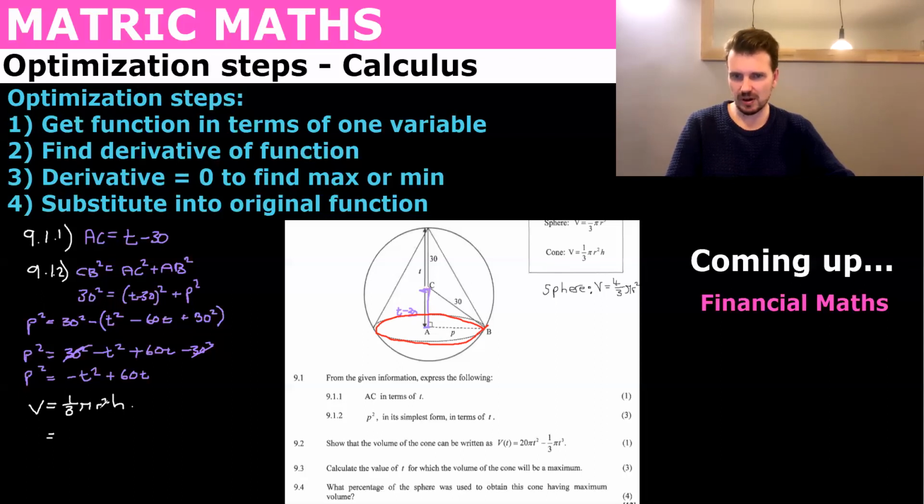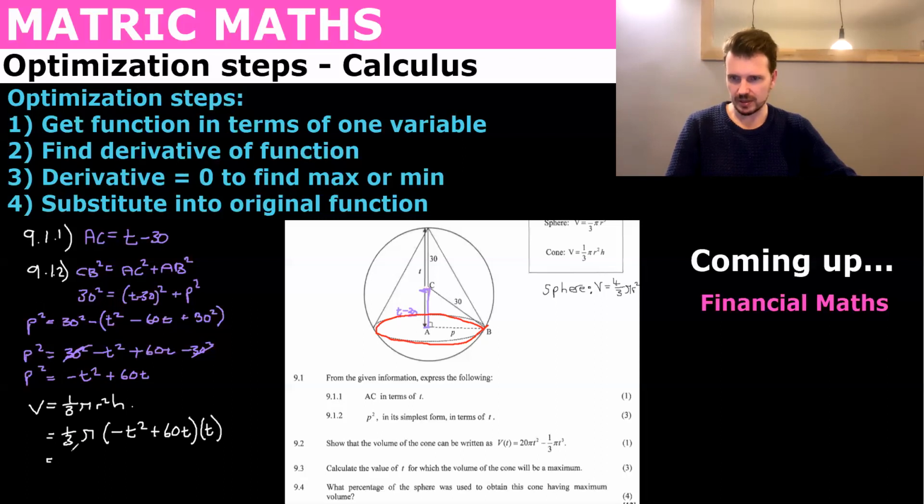So where we see an r squared, we can just put P squared, and of course the height of the cone is T. So we can replace h with T. So let's do that. So we're going to say 1/3 pi, and then r squared is this thing here, negative T squared plus 60T, multiplied by the h, which is T.